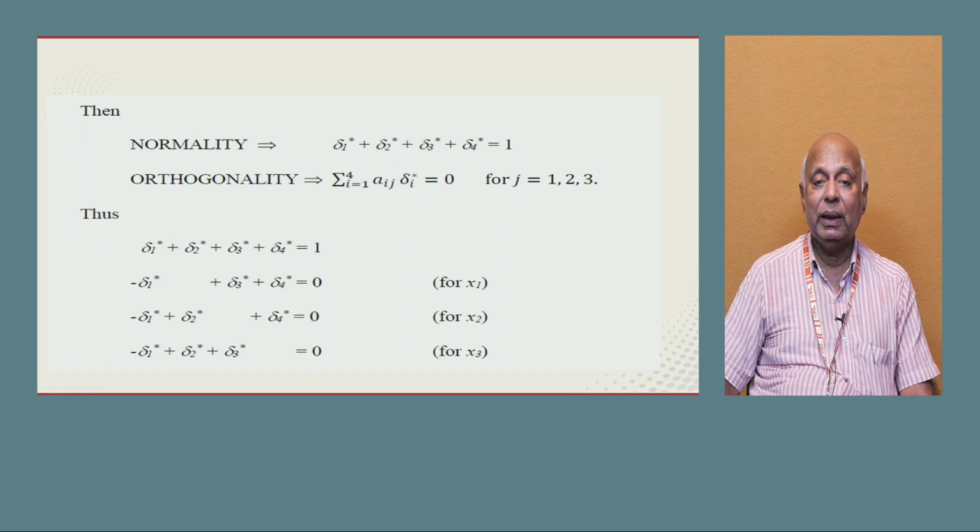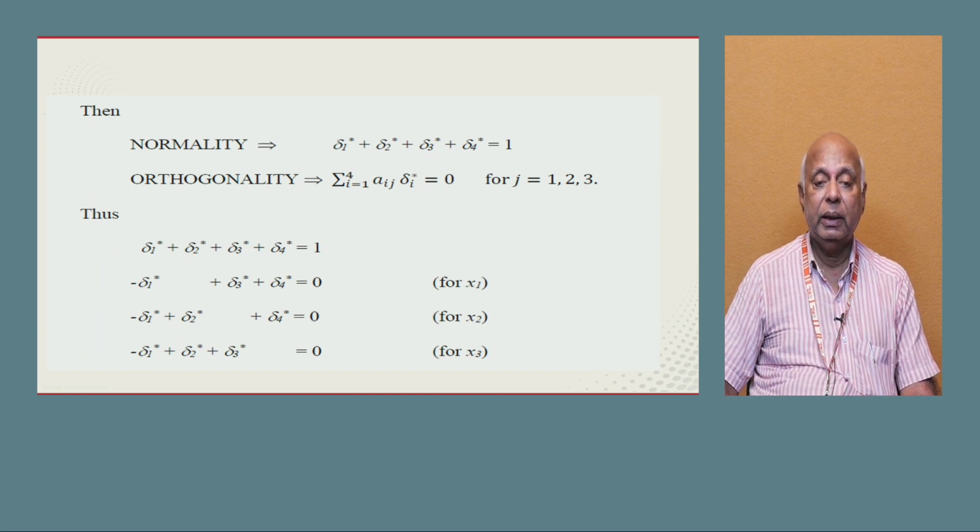Then the normality condition is that the sum of all these should be equal to 1, and the orthogonality condition is that it should always be equal to 0. When we evaluate it, the equation we get is delta 1 star plus delta 2 star plus delta 3 star plus delta 4 star equals 1, that is the normality condition.